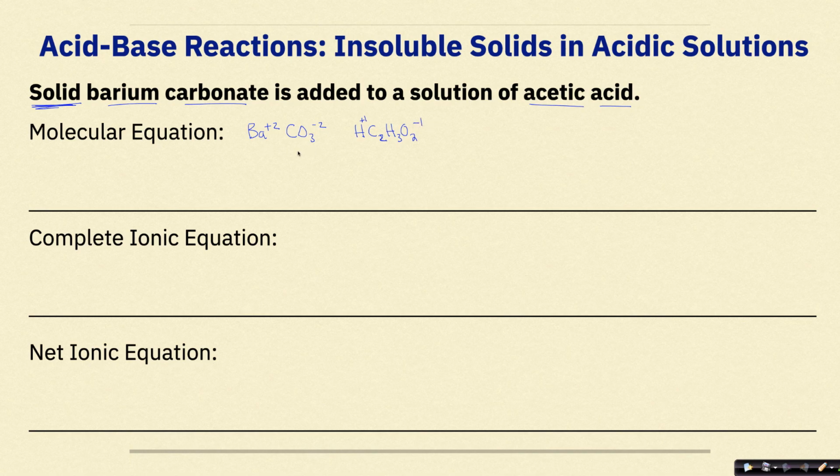So when I write out these formulas for my reactants, Ba plus 2, CO3 minus 2, that's going to be BaCO3 solid, plus acetic acid, which is a solution of acetic acid, so that's just going to be HC2H3O2, aqueous, because it's saying a solution of.